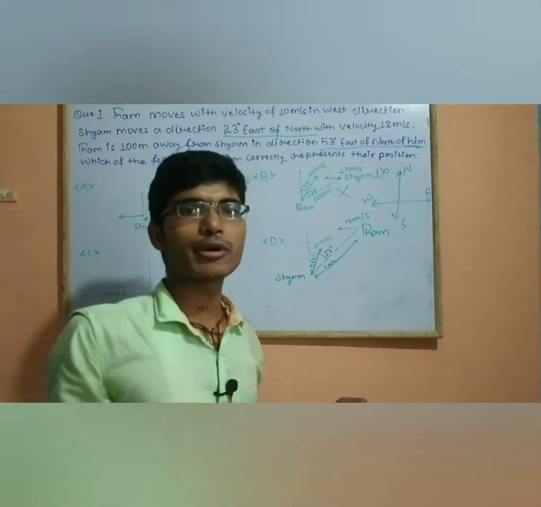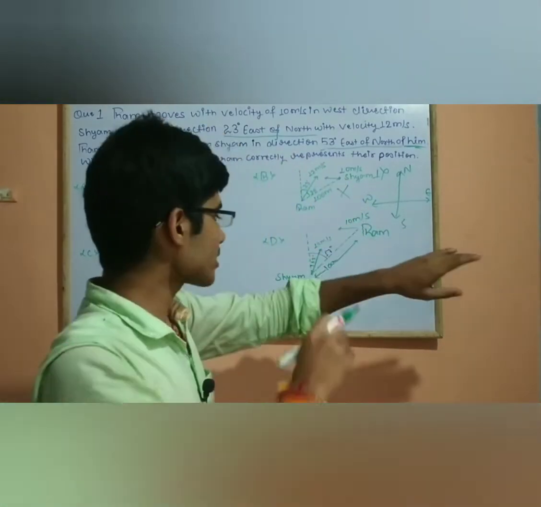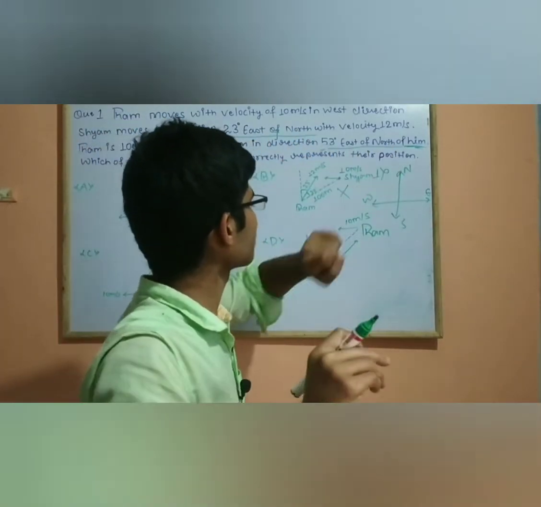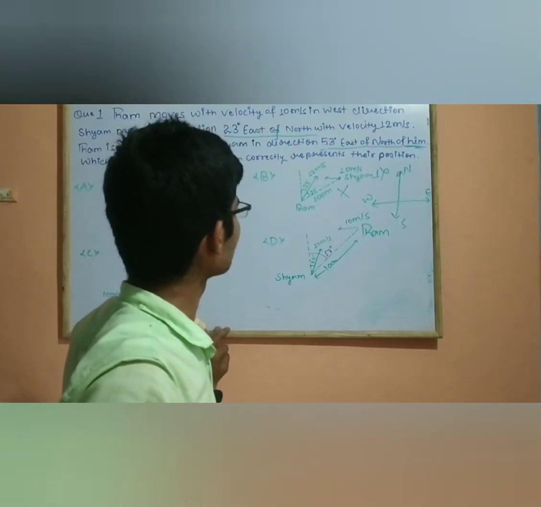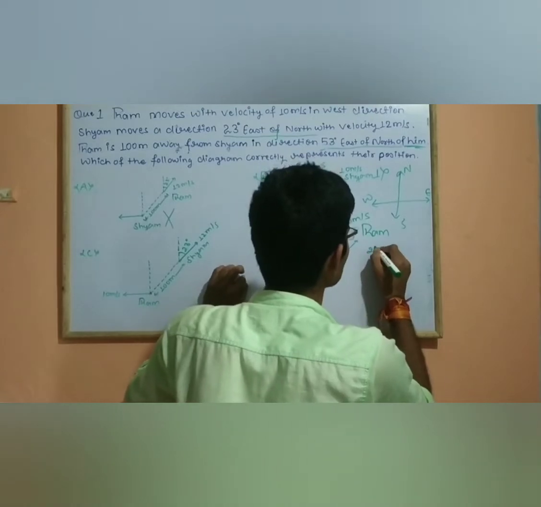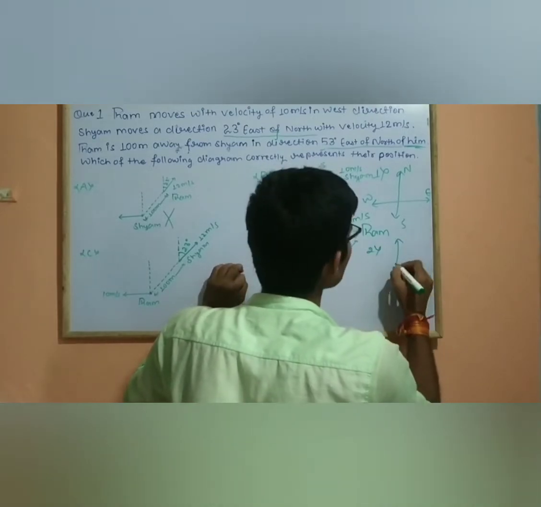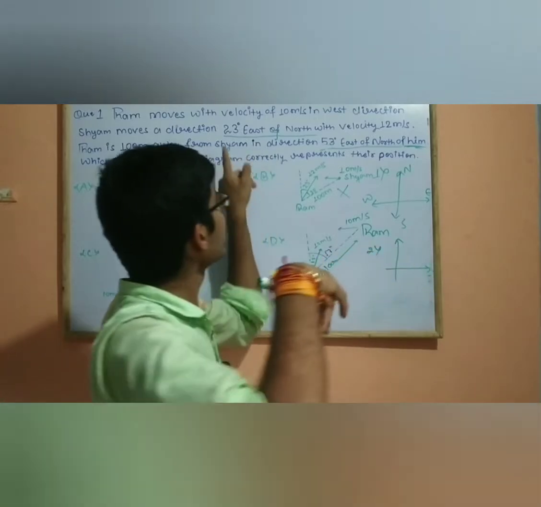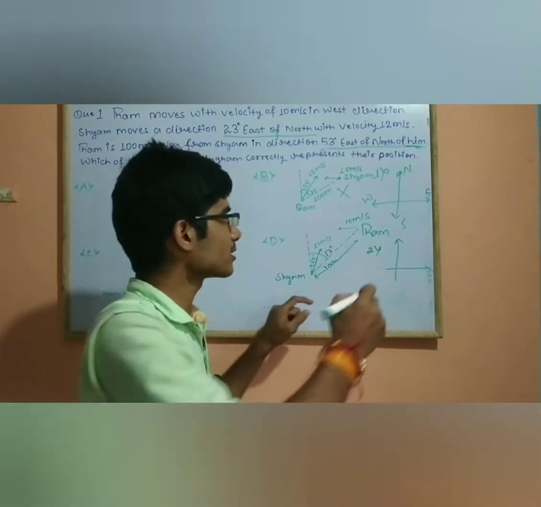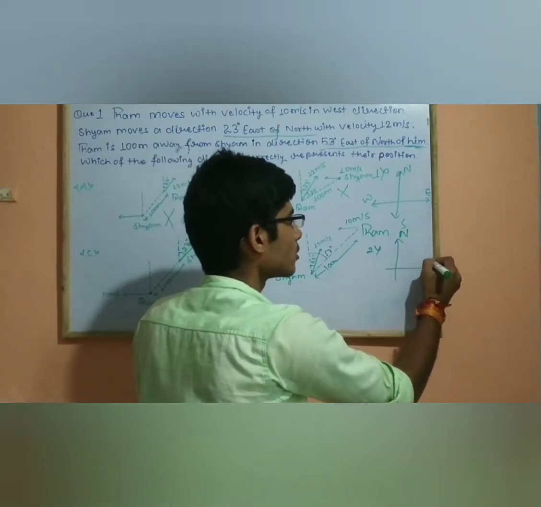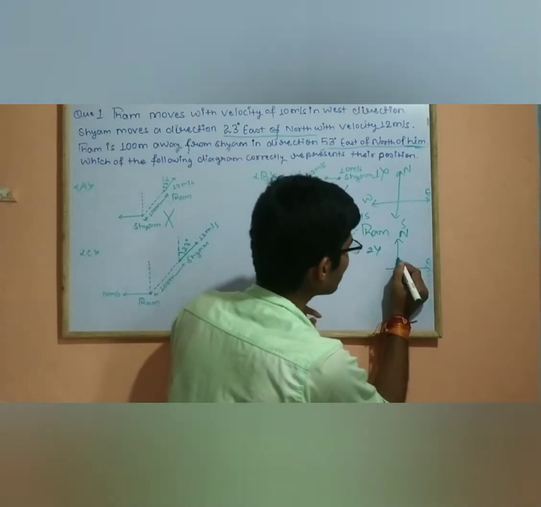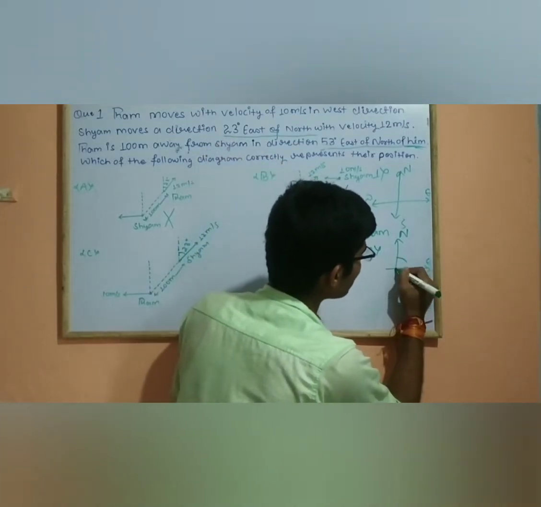The second requirement of this question is what is the meaning of 23 degree east of north, 53 degree east of north. Let's understand these two statements. 23 degree east of north means 23 degree from north towards east.